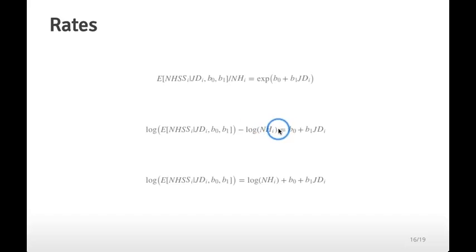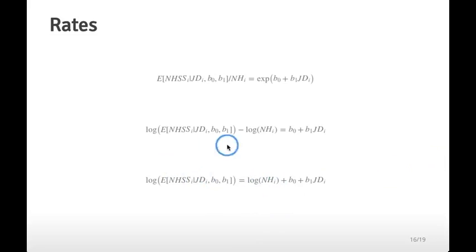If I take the log of both sides, then by properties of logarithms, I get the log of the same expected value I was using before, minus the log of the total number of hits, equals this linear term. And so I can move this term onto the other side. What I end up with is the log of the expected number of hits that come from Simply Statistics equal to the linear term plus a term without a coefficient out front, called the offset term, which is just the log of the total number of hits to my site.